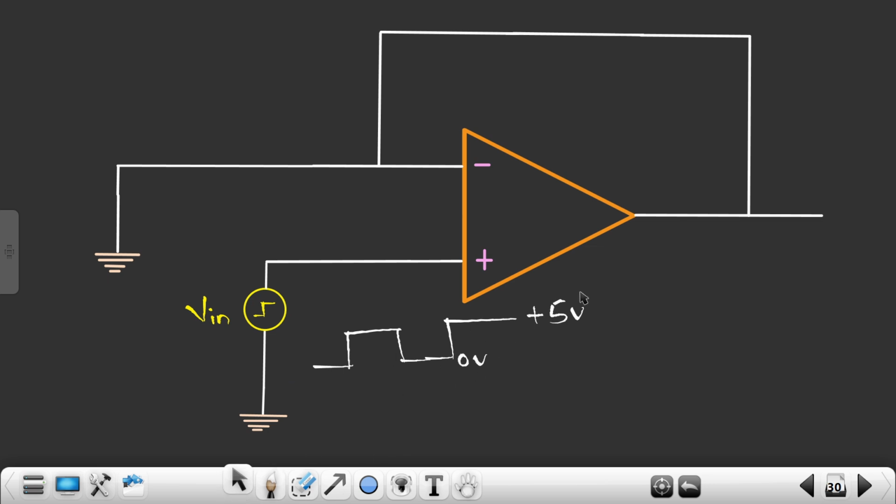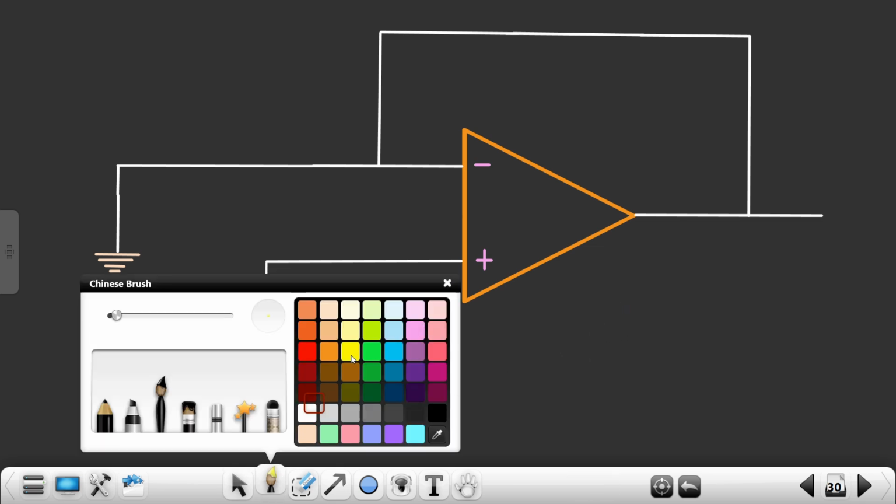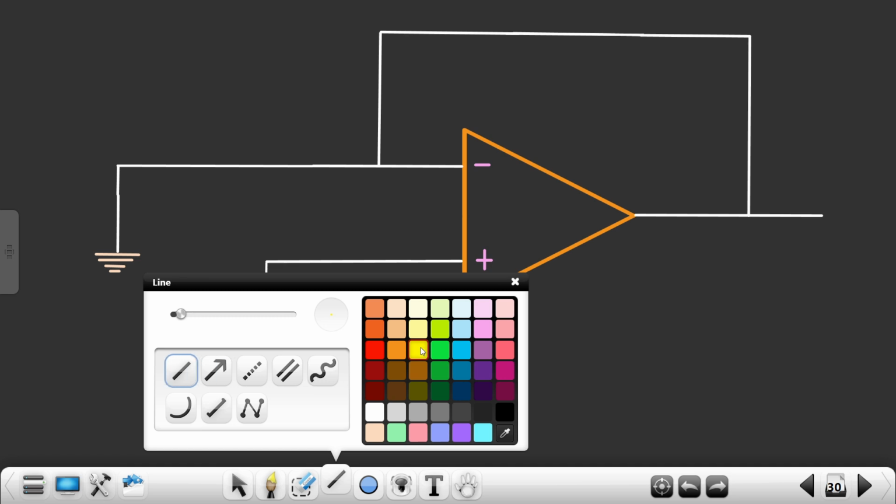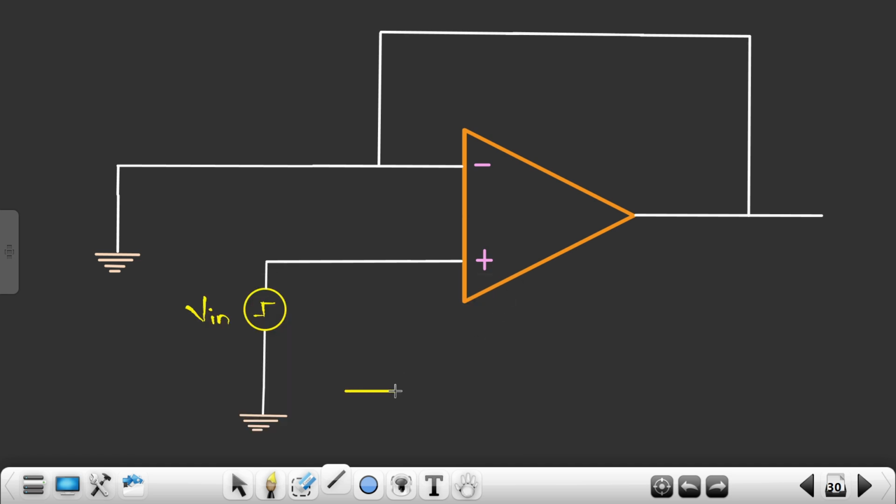Now let me erase it. At the output side, since this is a buffer amplifier, let me show one waveform so that it will be easier for you all to understand this concept logically.